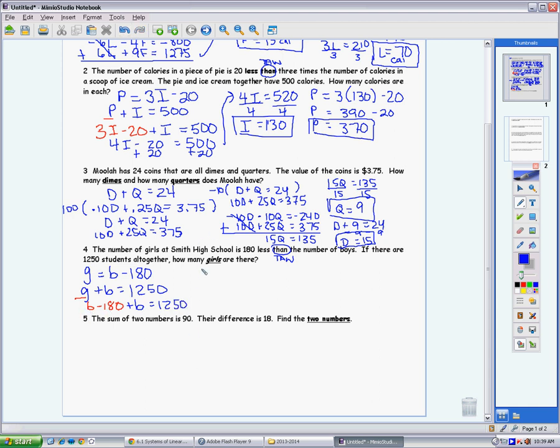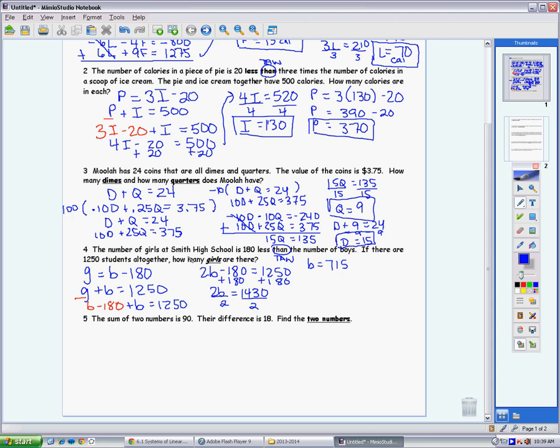I have 2 B's minus 180 equals 1,250. I'm going to add 180. And my 2 boys equals 1,430. I'm going to divide by 2. And the number of boys equals 715.